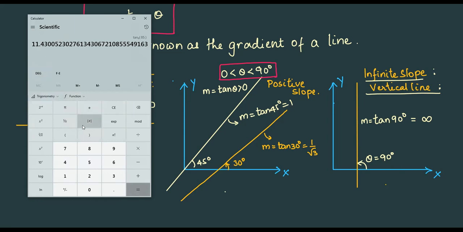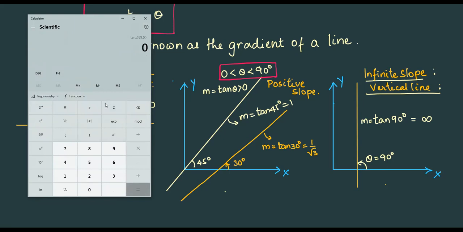At 80, it was 5. Just 6 jump. Now at 89, it is 57. All right. At 89, it is 57. At 89.5, 114. That means the value is increasing very fast now.